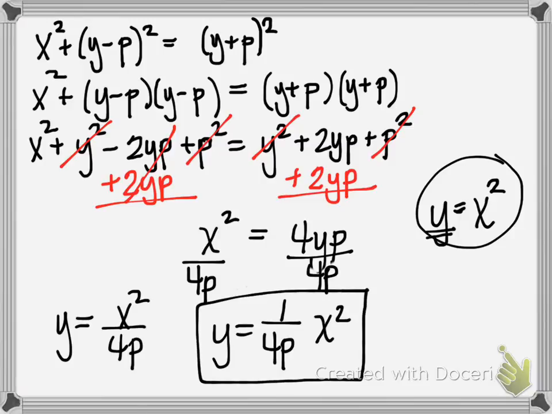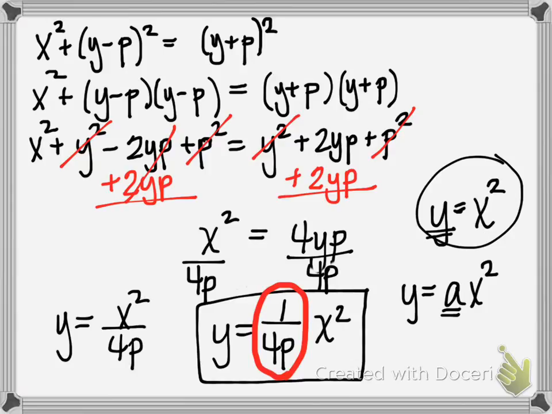So here's the equation for the parabola. This parabola had a vertex at 0, 0, and it opened up. What you'll notice, I hope, is that the leading coefficient here is 1 over 4p. So this would be the same as our previous equation for a parabola, y equals ax squared, one that had a vertex at 0, 0.